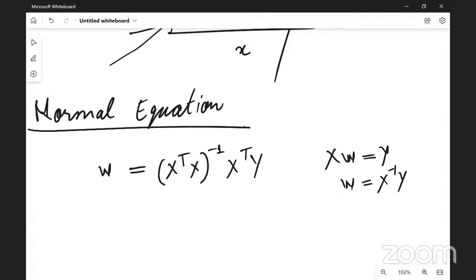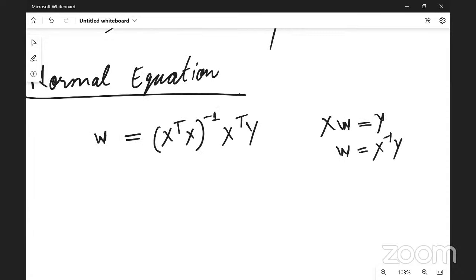More often than not, the number of samples is much higher as compared to the number of features. This gives you X transpose Y, and then you take the inverse of this and multiply it on the other side.